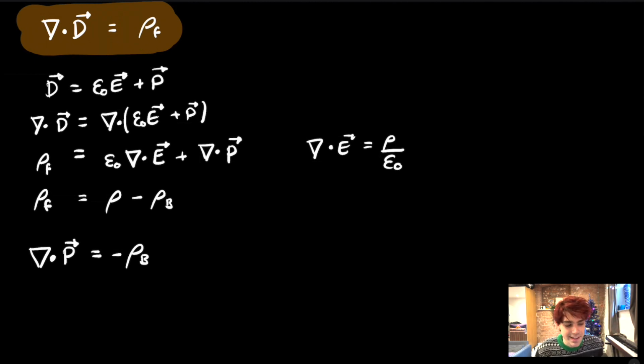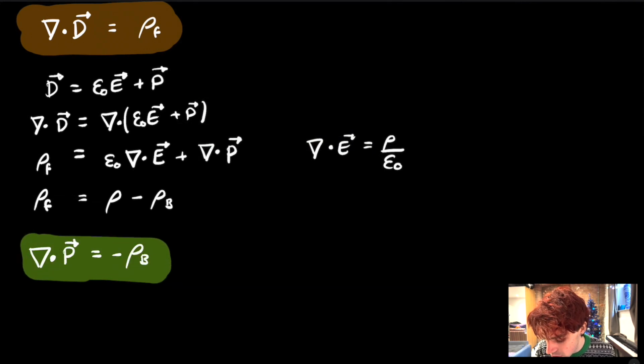And this minus sign is again because of the polarization direction being in the opposite direction. So this is an equation you'll often see if you want to calculate the bound charge within a certain dielectric medium. You take the divergence of the polarization field.